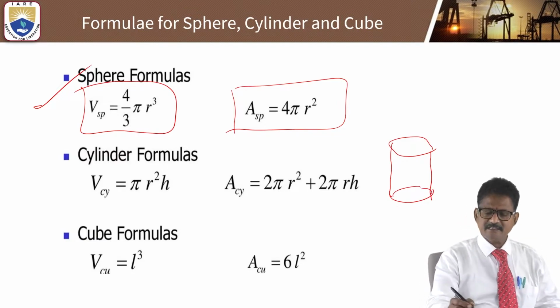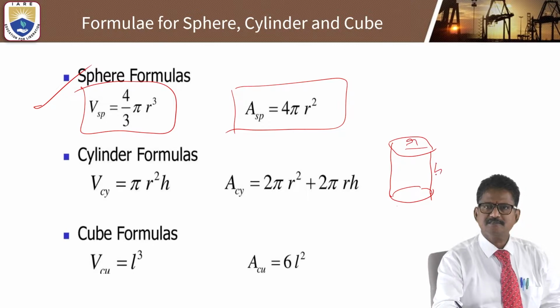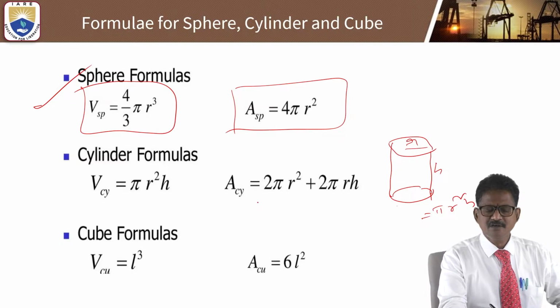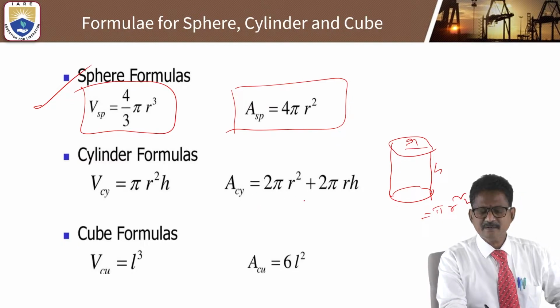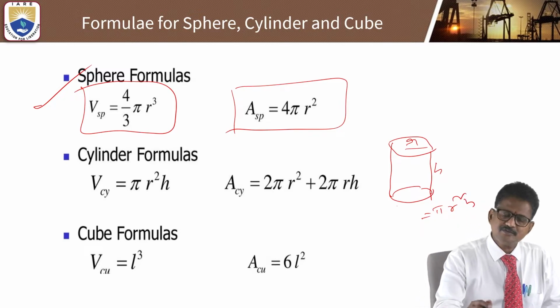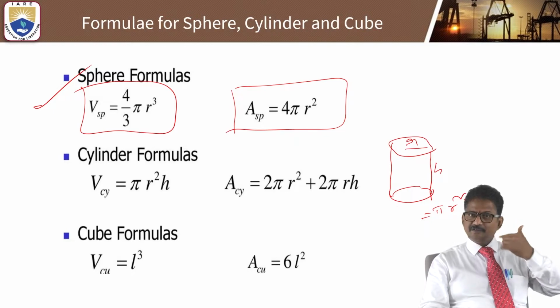This is r, this is h. So the volume is pi r square h, and the surface area is 2 pi r square plus 2 pi r h. That is the relation for this cylinder.